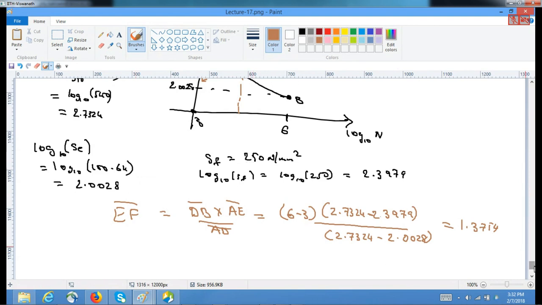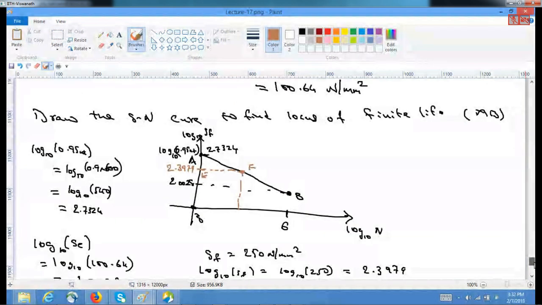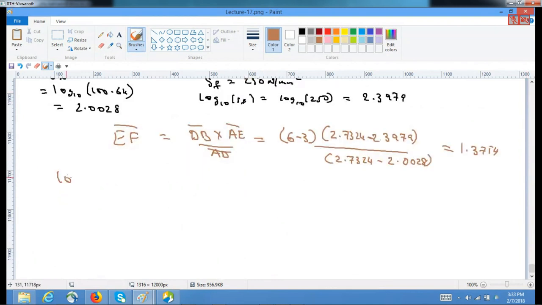But what is EF bar? Our EF bar is same as log 10 n. So by equating, log 10 n is equals to 1.3754, then n is equal to 23736 cycles.